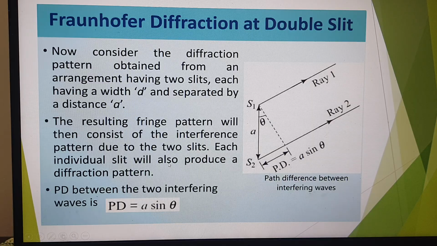In single slit diffraction we don't have interference, but in double slit diffraction the two slits produce an interference pattern. Each individual slit will also produce a diffraction pattern.